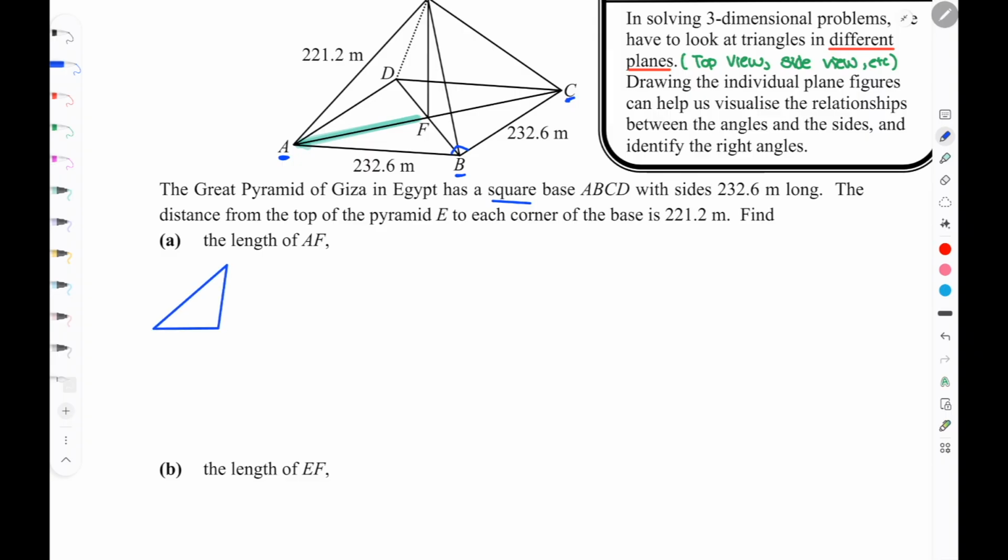This is just purely top view. This one and this have the same length of 232.6 meters. This is my A, this is F, and this is C, this is B. This is my top view.